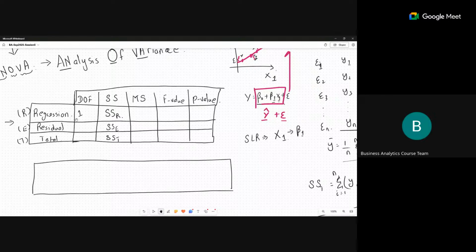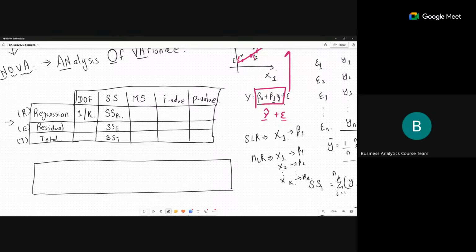That is the only beta you have to find out, which will hold the model. But if it was an MLR, where you had x1, x2, up to xk, you have to find beta 1, beta 2, up to beta k. Then there are k degrees of freedom.